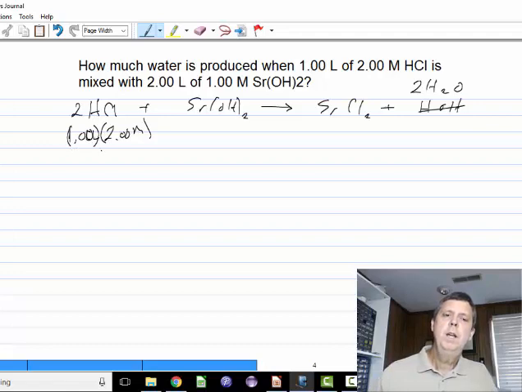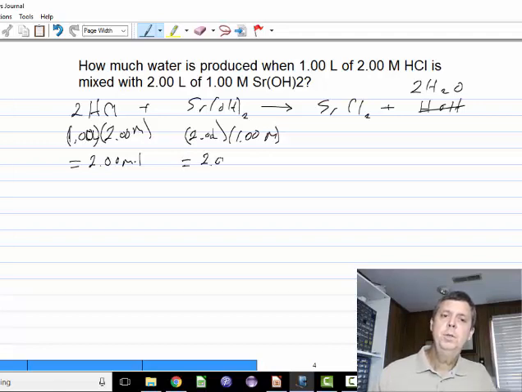So volume times concentration gives us moles. So this means we have 2.00 moles of HCl. We have 2.00 liters of 1.00 molar strontium hydroxide.